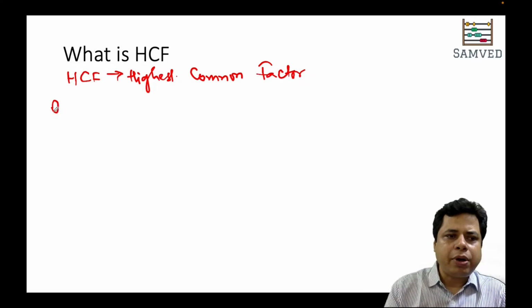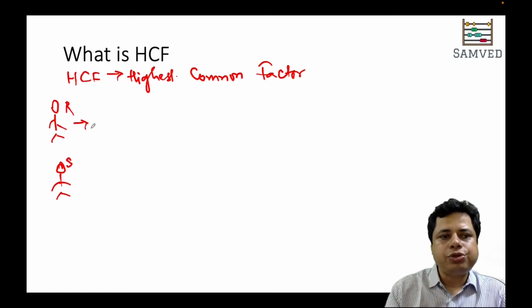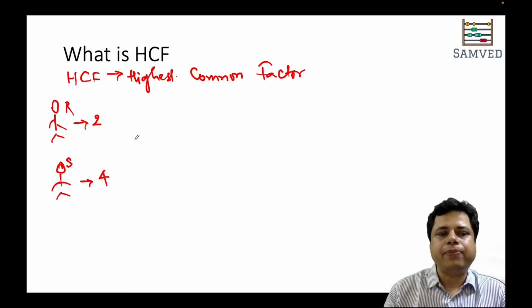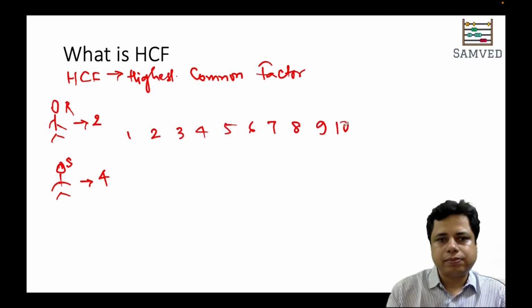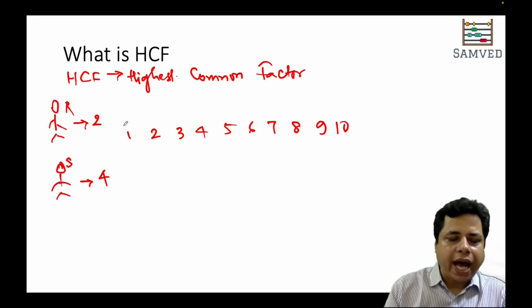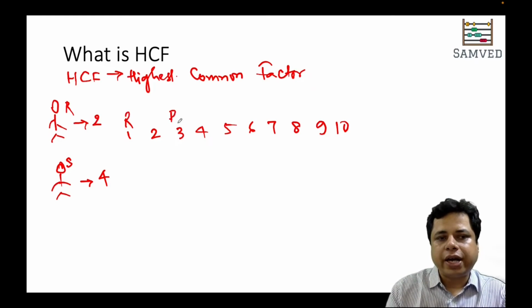Using the earlier example of Ram and Shyam, let us imagine that Ram goes to the tuition classes every second day and Shyam goes to tuition classes every fourth day. If we plot the days of the month and the days on which Ram and Shyam go to the tuition classes: Ram will go on the first date, then again on the third, the fifth, the seventh, and the ninth.